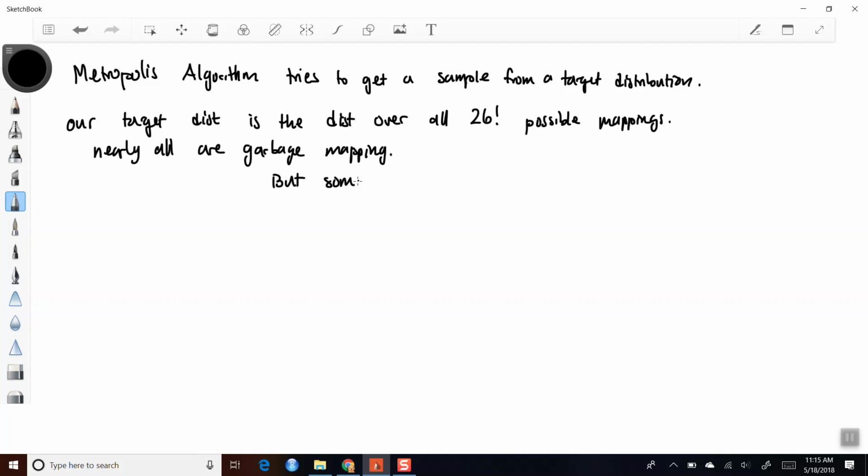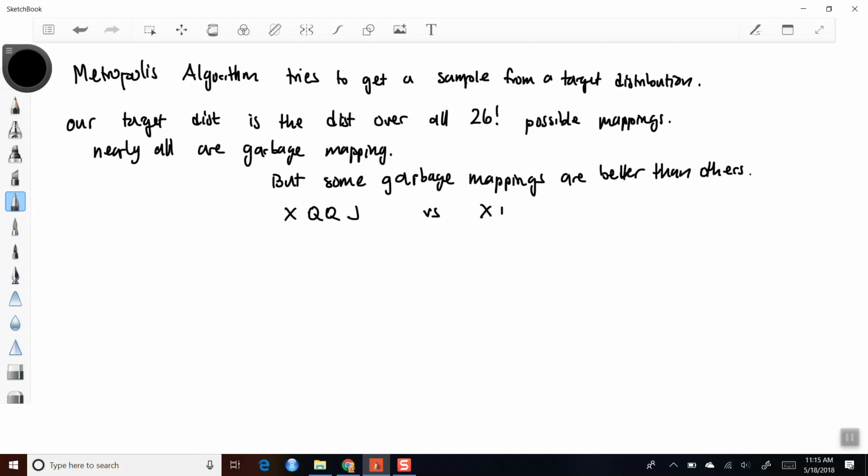But some garbage mappings are better than others. Okay, so XQQJ versus XEEJ, okay?